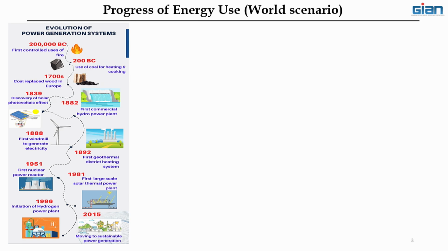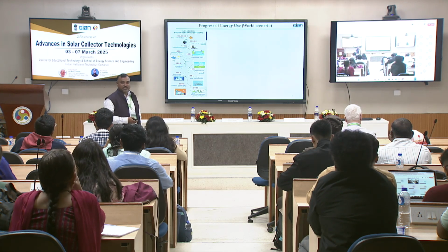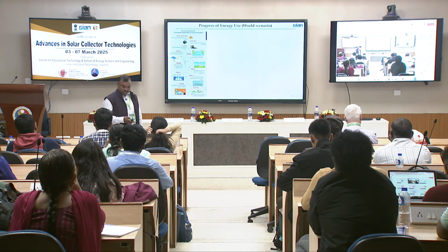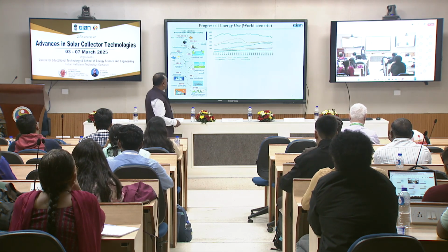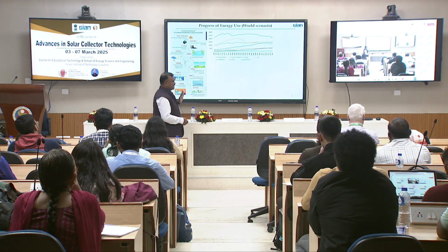Then we can see the first hydroelectric power plant was commercialized in about 1882. And then about 1888 we can see power generation from wind turbines, right? And then we have the first geothermal district heating system in 1892. And now what we are looking for is really a sustainable power generation system, because of many reasons, right? And also you can see how this demand is increasing globally.